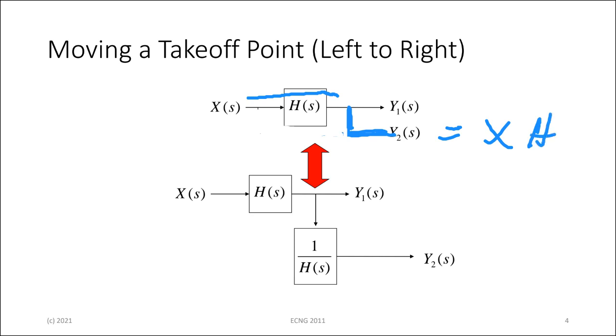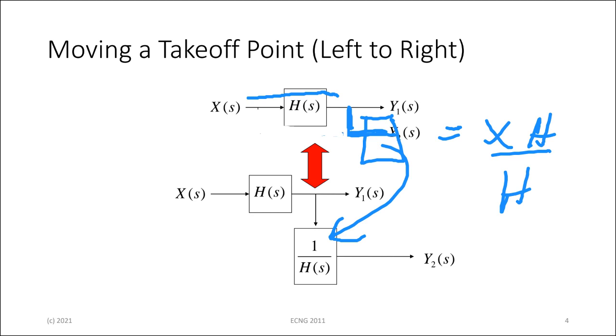In order to avoid that, I have to divide by H. In other words, I have to put in a block here whose transfer function is 1 over H, the inverse of the transfer function that I moved across. So when you move before a block, you have to put in a block that is the same as the transfer function. And if you move after a block, you have to put in an additional block that is 1 over the one that you're bypassing. Yeah?